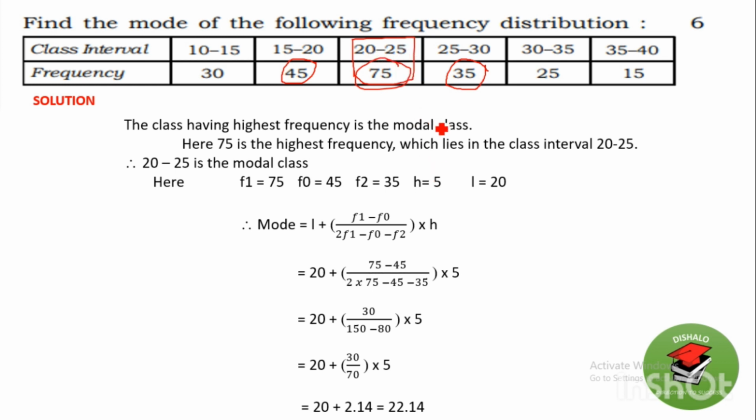So 25 minus 20 is 5, and l is 20. l is the lower limit of the modal class. Then you put in the formula, mode equals l plus (f1 minus f0) divided by (twice f1 minus f0 minus f2) into h. Then you put down the values, and when you calculate, you get 22.4.